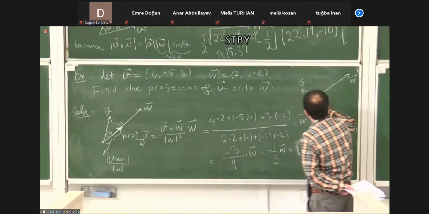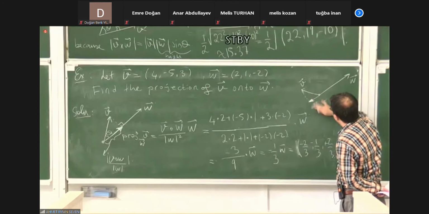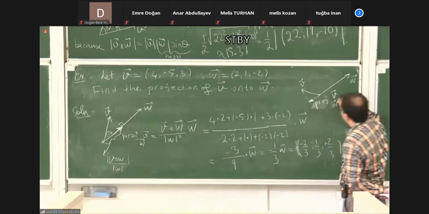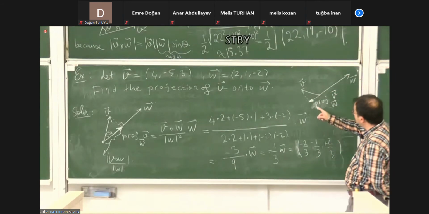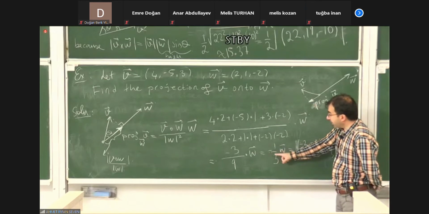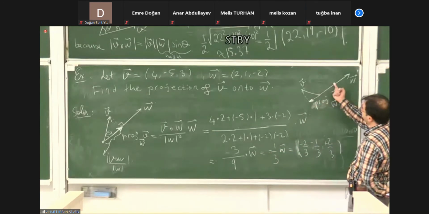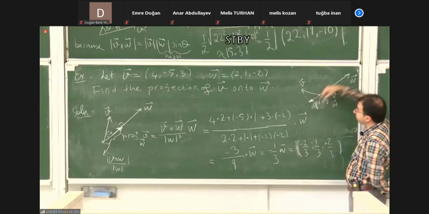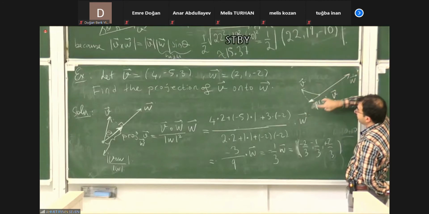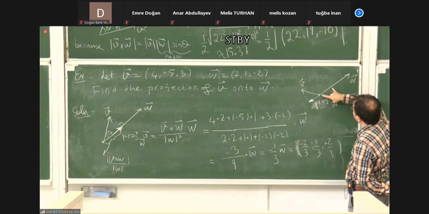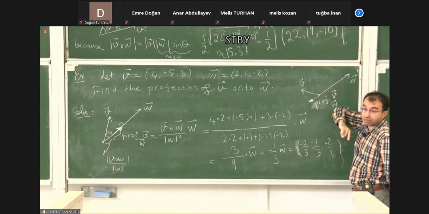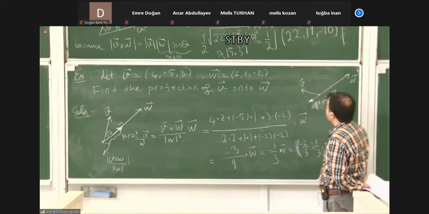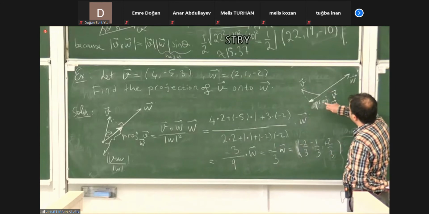So this will be the projection of V onto W, and it will be equal to minus 1/3 W. The minus means this projection vector has the opposite direction as W, and its length will be 1/3 of W. If W is 3 units, then this will be 1 unit, for example. Okay, so this is the projection vector.